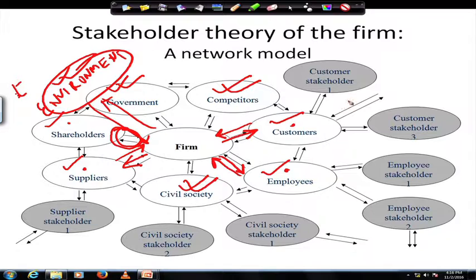So you see, the customer stakeholders are also getting recognized as stakeholders of this particular firm, number one.